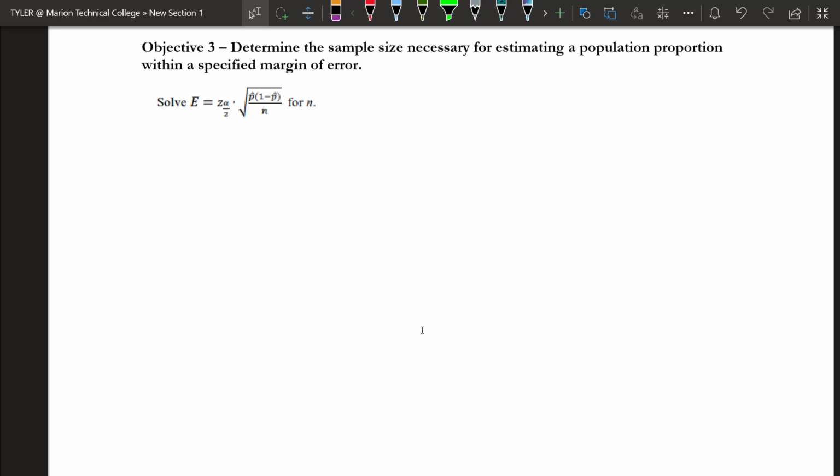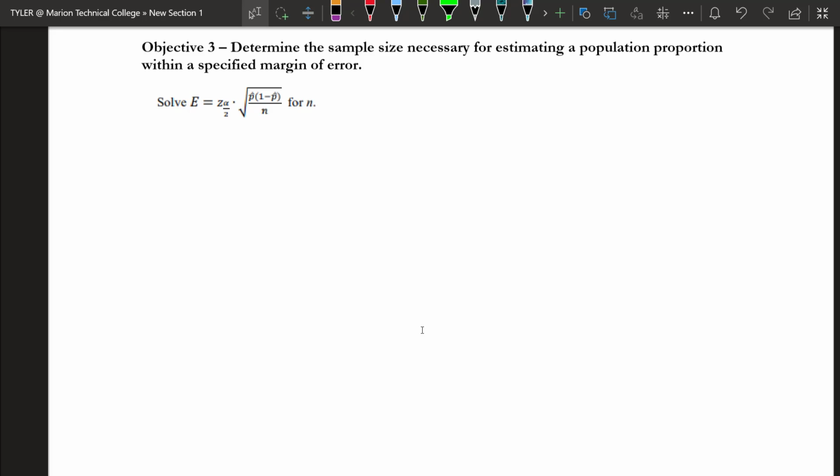So now, in objective 3, what we would like to do is determine the sample size necessary for estimating a population proportion within a specific margin of error. So in other words, what I want to do is solve the margin of error equation for n.